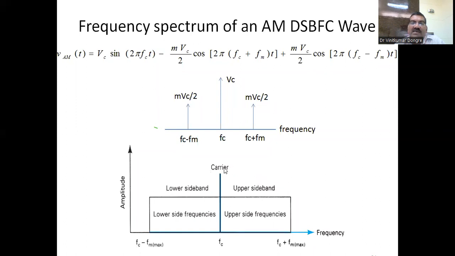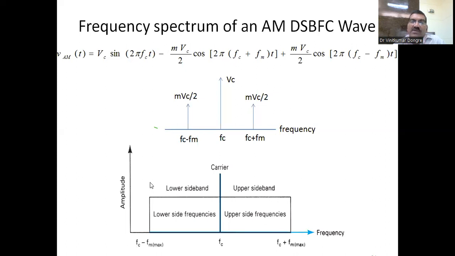When your signal is transmitted as amplitude modulated full carrier with both sidebands, it carries this much frequency range. Suppose FC is maybe 500 kilohertz, as an example. If it is 500 kilohertz and your modulating frequency is 50, then 500 minus 50 is 450, it starts from 450, and 500 plus 50 is 550.